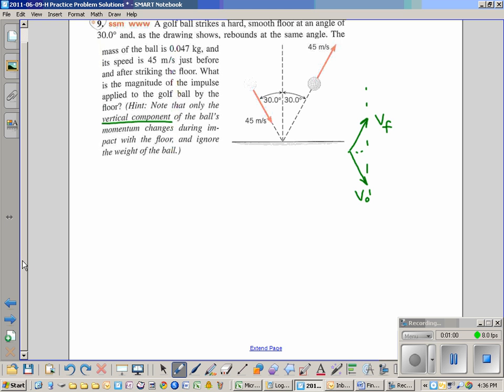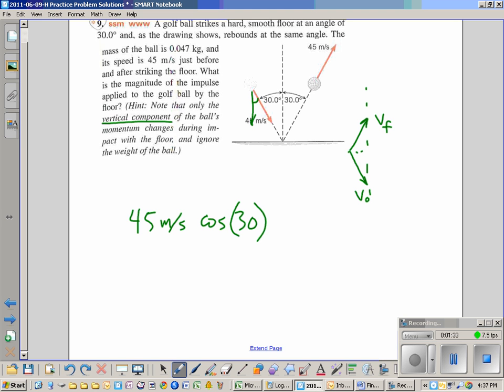All right, so what is the initial y component? If we take downward to be negative, that's not a very well drawn vector there. The initial y component is negative, equal to 45 meters per second times cosine 30 degrees, if this angle is 30 right here.